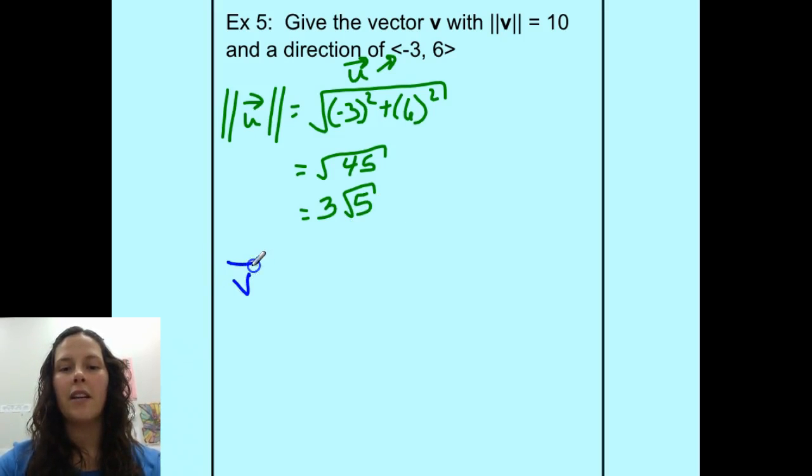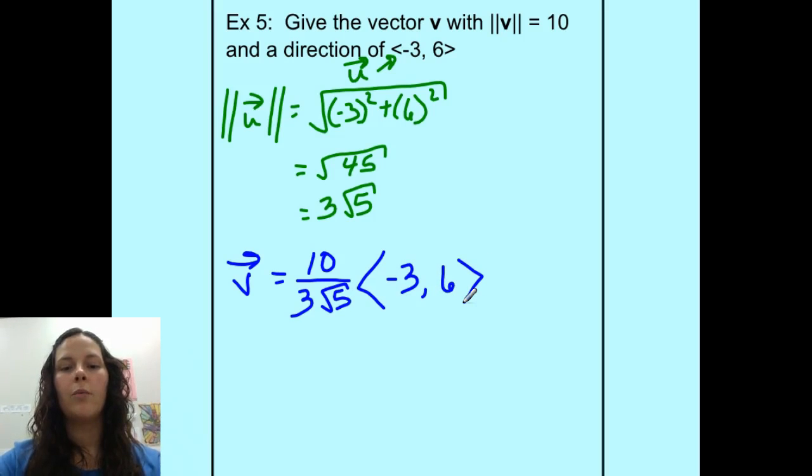To find our v vector, we then take the component that we were given and multiply it by a scalar of the magnitude we want over the magnitude that we have. We can either distribute and then rationalize, or we can rationalize and then distribute. If we rationalize first, we only have to rationalize once instead of twice.